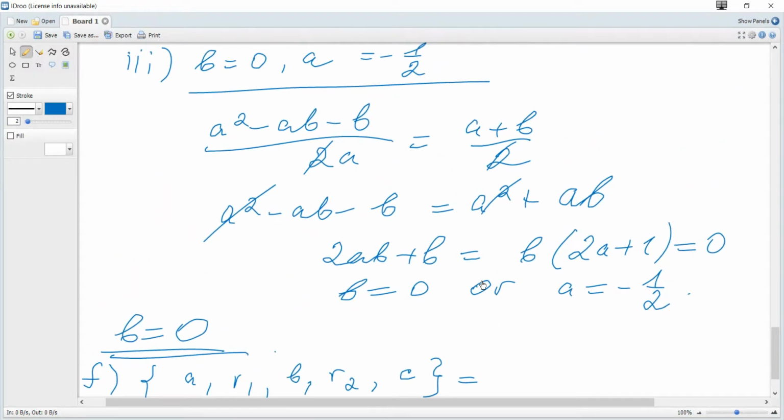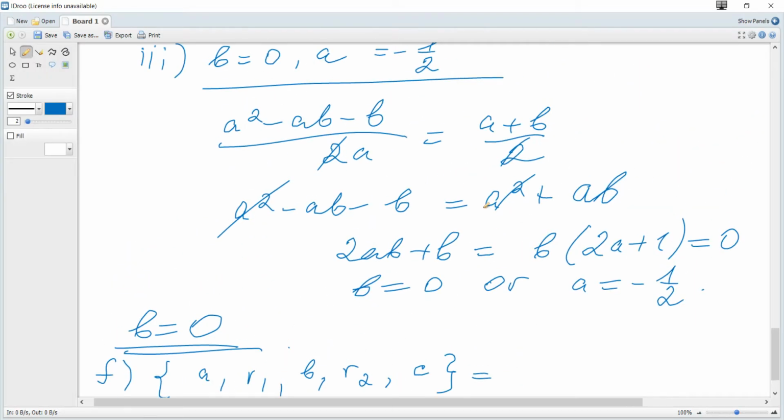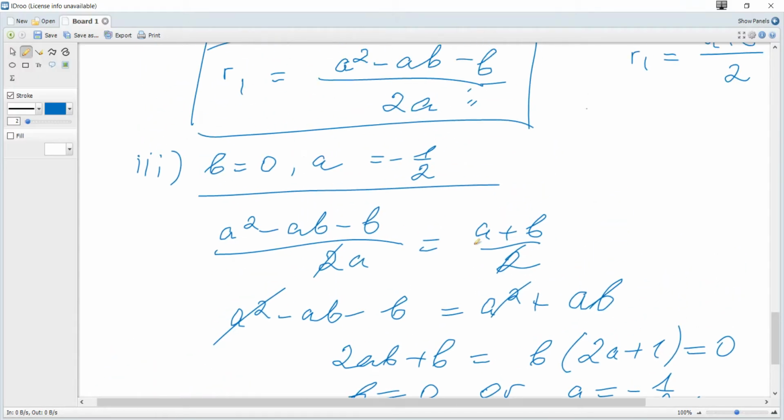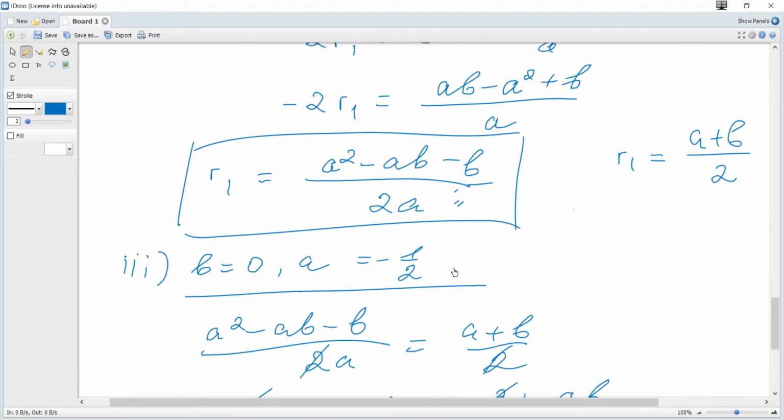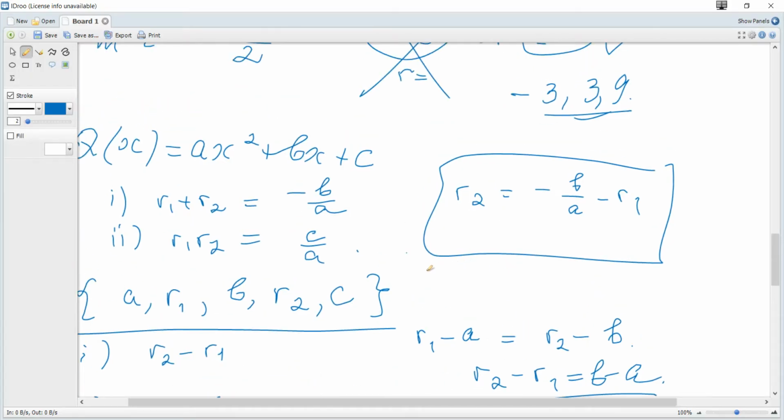And we need some equation. What equation can be used to find C?